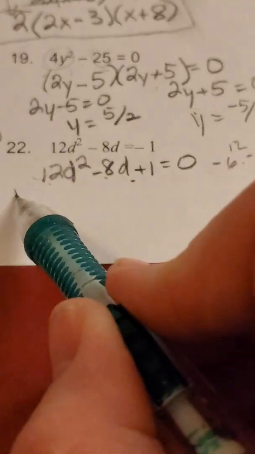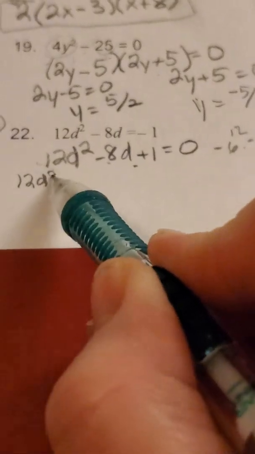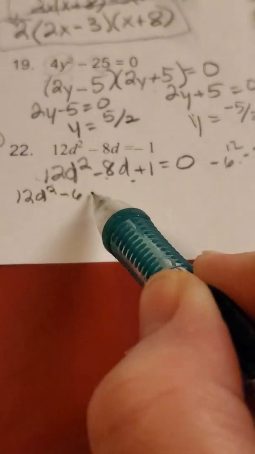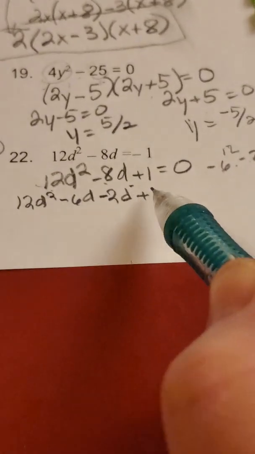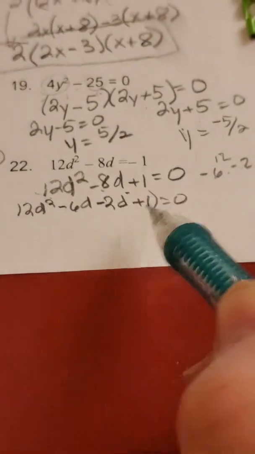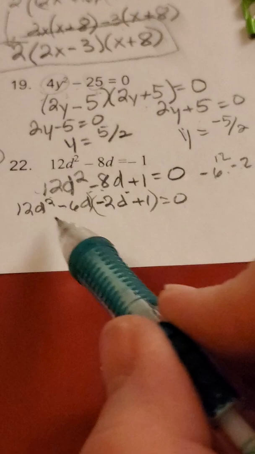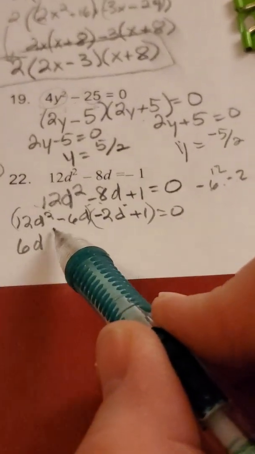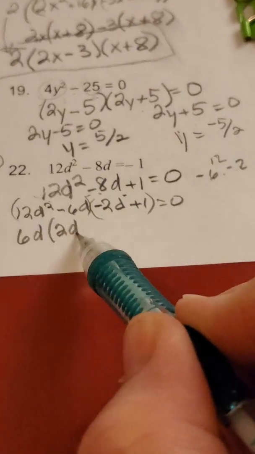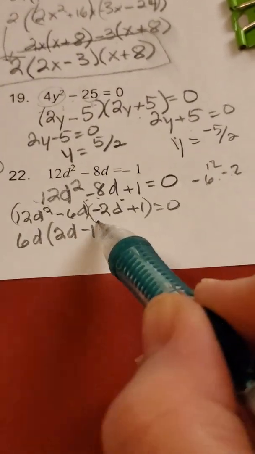So we rewrite this equation. 12d squared minus 6d minus 2d plus 1 equals 0. Again, we're going to put these together. We're going to factor a 6d out of this. Leaves us 2d minus 1.